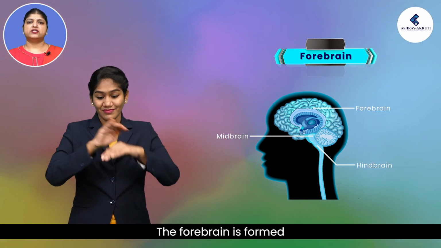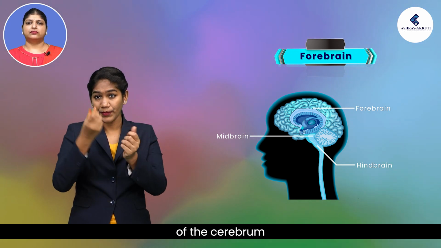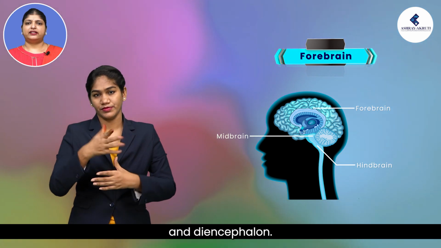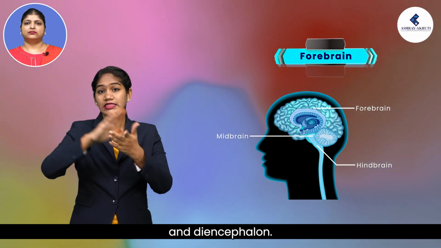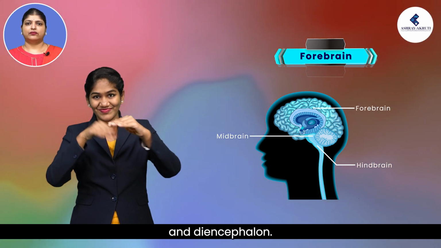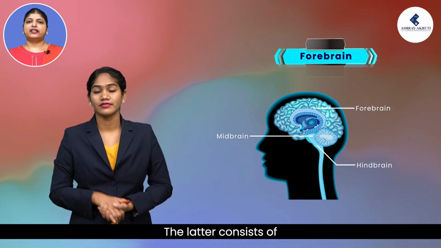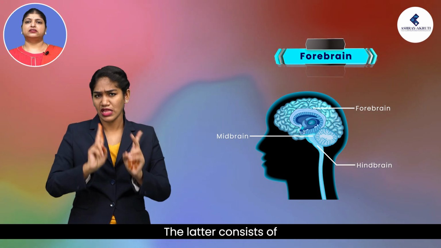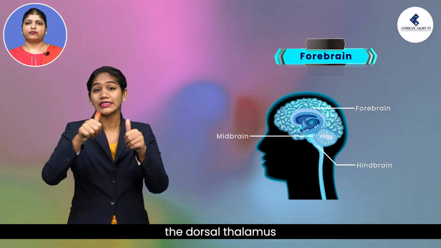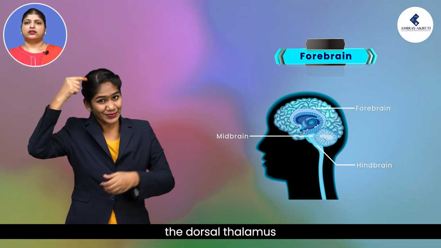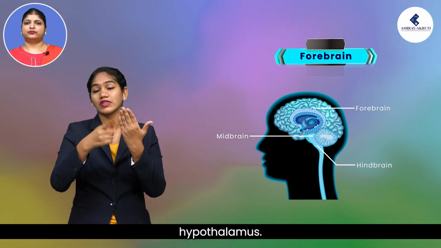The forebrain is formed of the cerebrum and diencephalon. The latter consists of the dorsal thalamus and ventral hypothalamus.